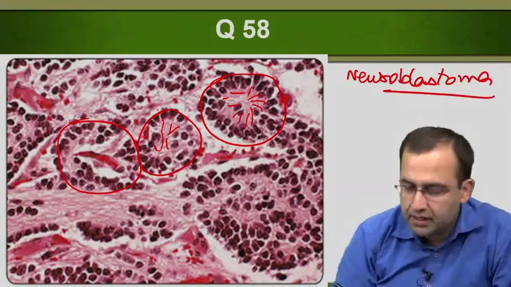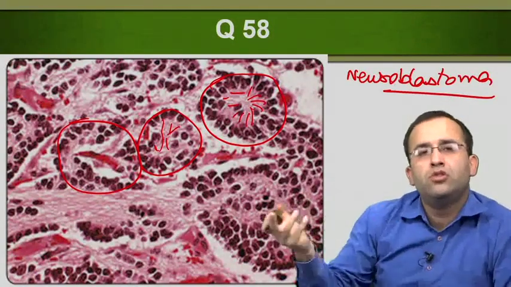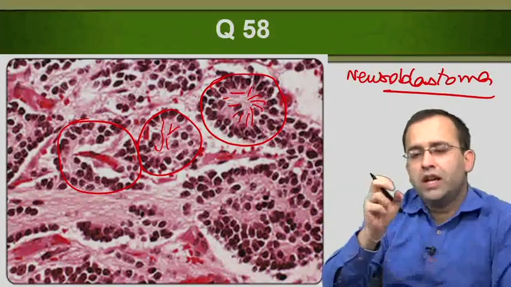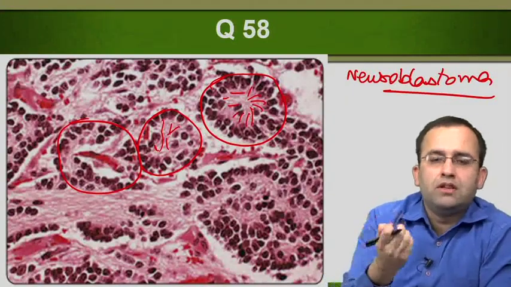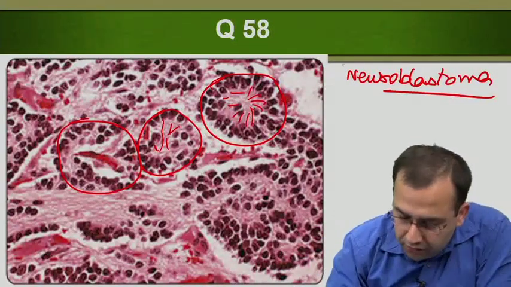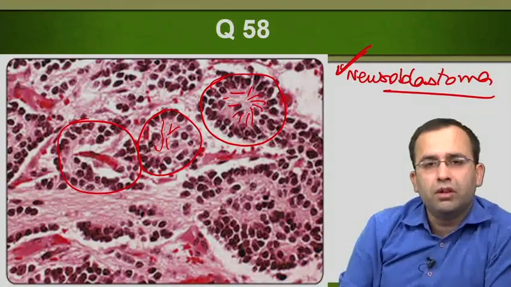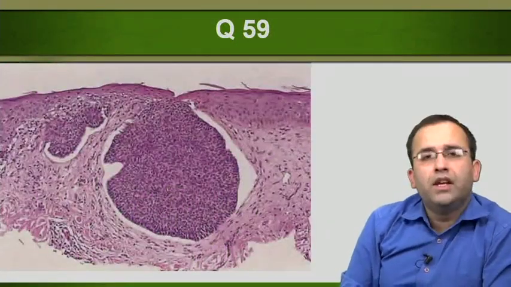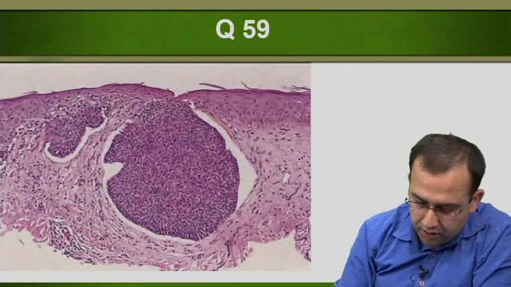Neuroblastoma. These are the Homer-Wright pseudorosettes. Why pseudo? A true rosette should have a central lumen. Anything other than a central lumen is a pseudorosette.